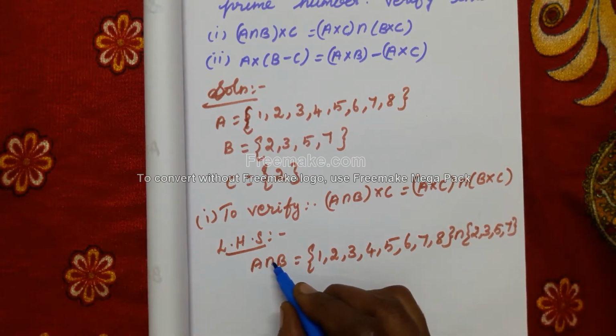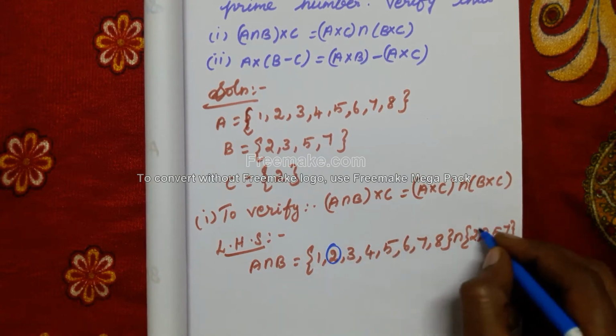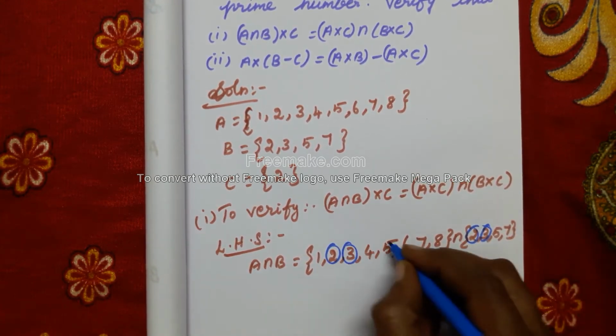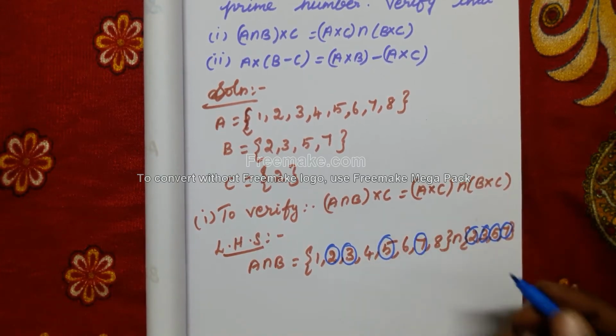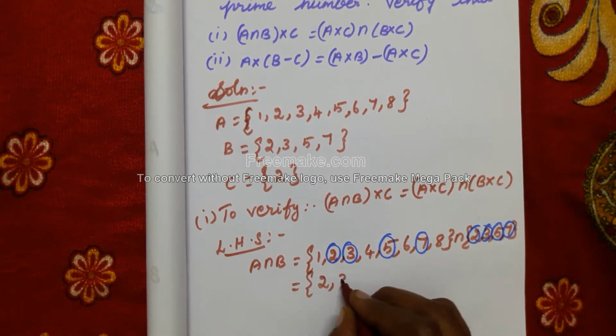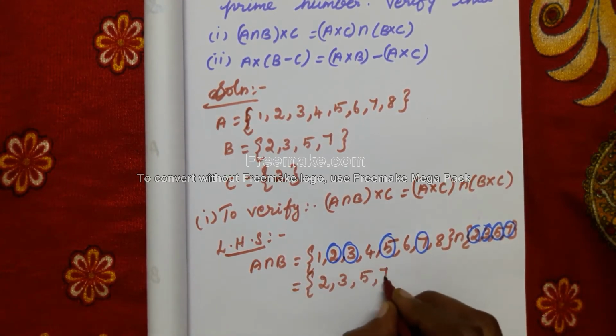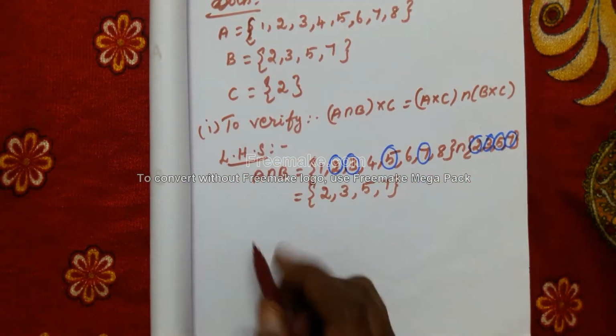Intersection means common elements of A and B. What are the common elements? 2, 3, 5, 7. So A intersection B is equal to 2, 3, 5, 7. Next we have to find out A intersection B cross C.